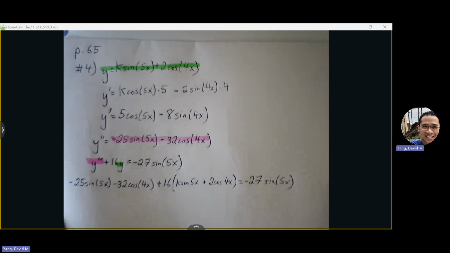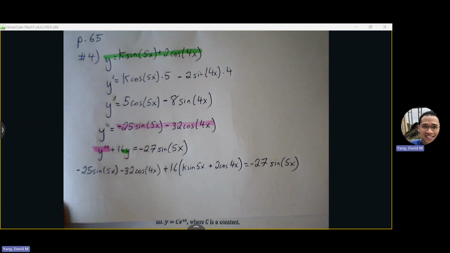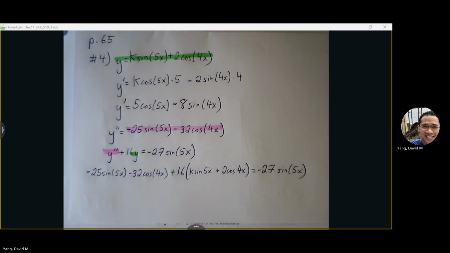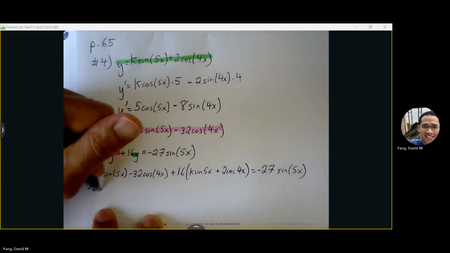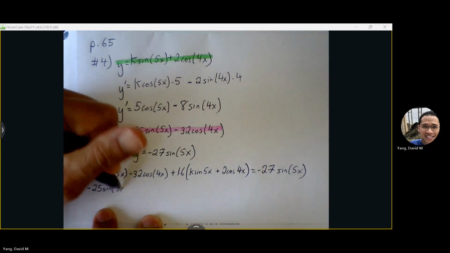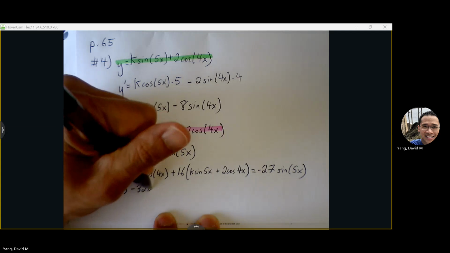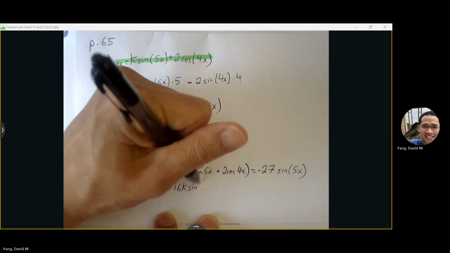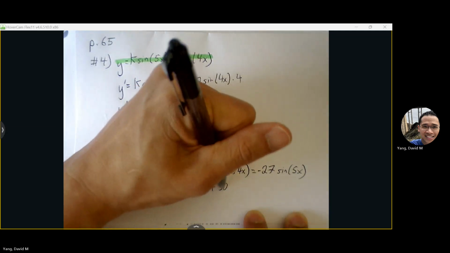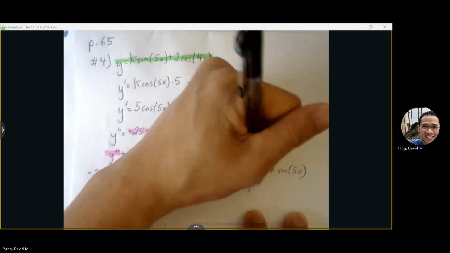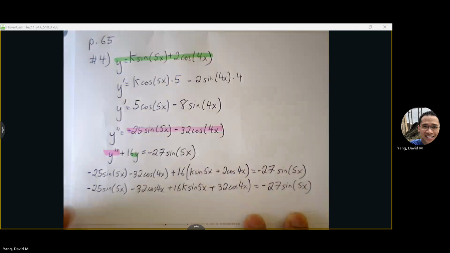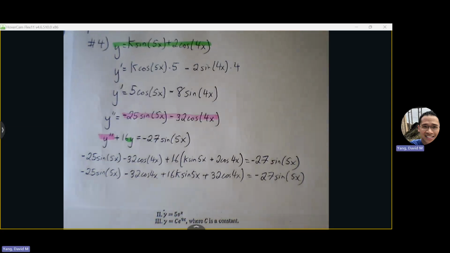Okay, so again, we're on page 65 here near the end, just going over these specific types of problems. Some things will cancel out nicely.